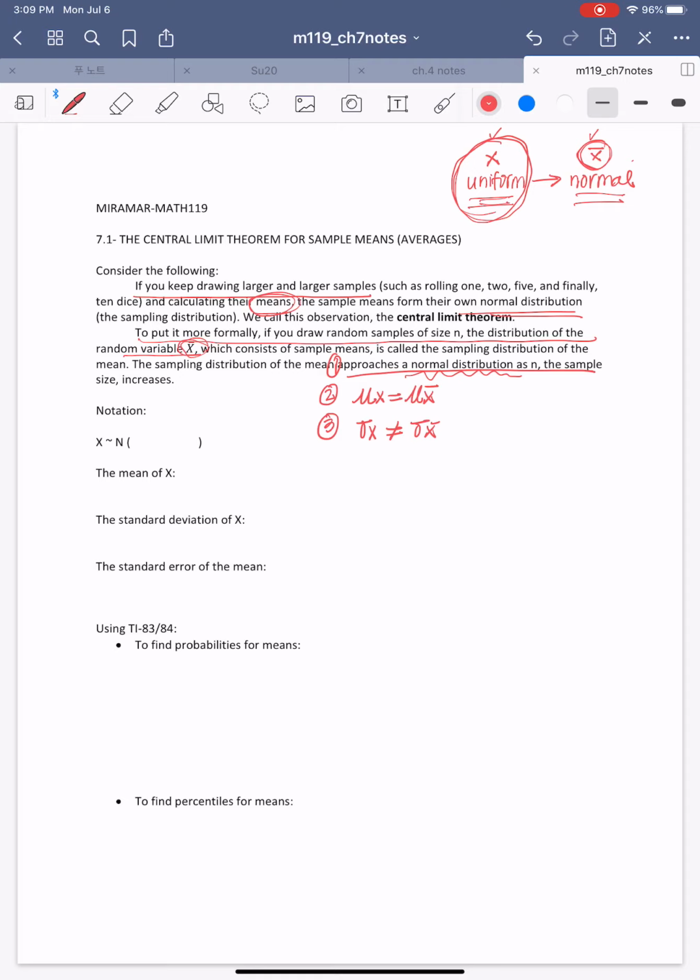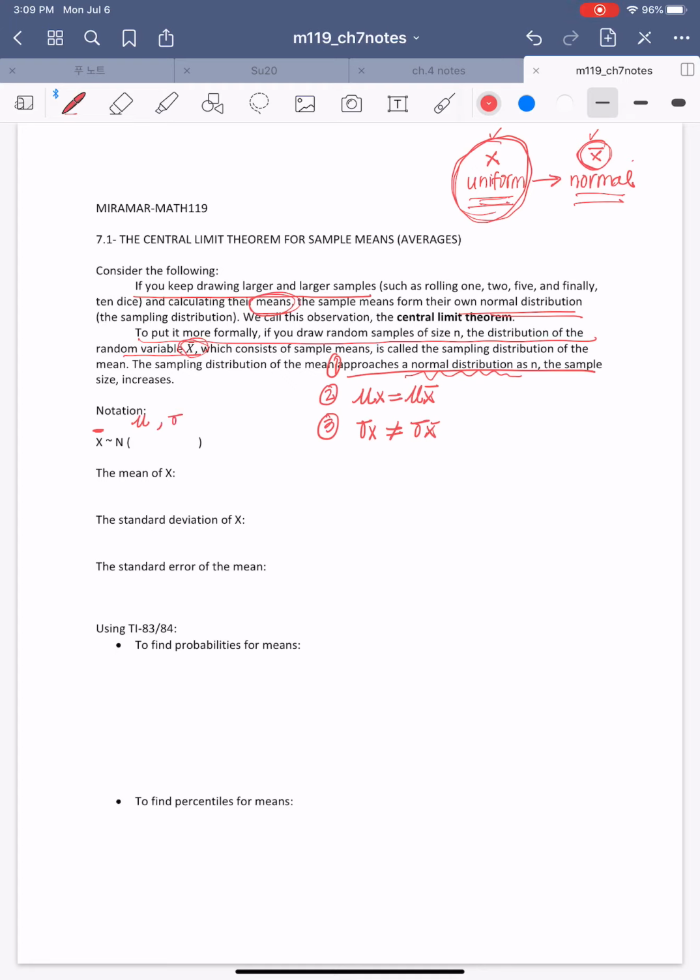Okay, so notation. You're not gonna see an x unless we are talking about just the set of data. Now your variable will be x bar. Your sample mean will always approach normal. And there are 2 things that you need to put. The first one is a mean, from chapter 6, and then standard deviation.